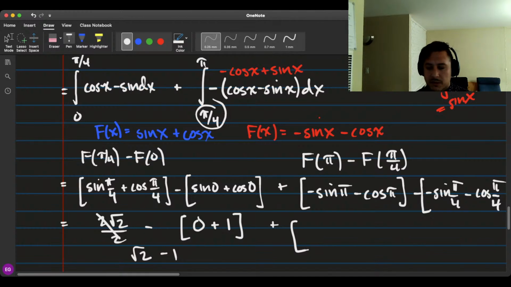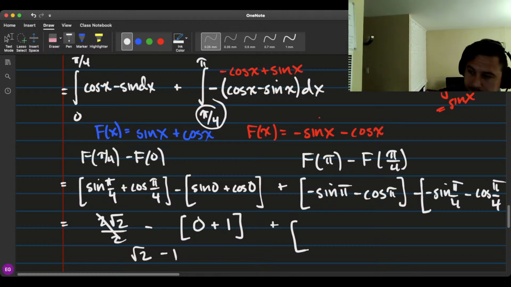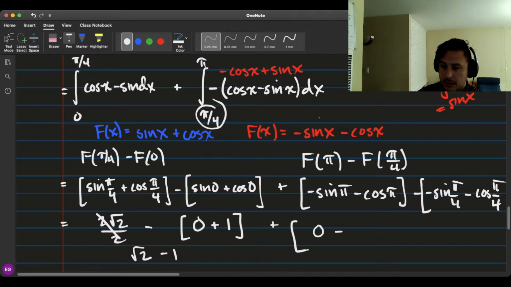I'm going to pause. I'm going to wait for people to catch up. The sine of pi is 0. The cosine of pi is negative 1. Yeah?